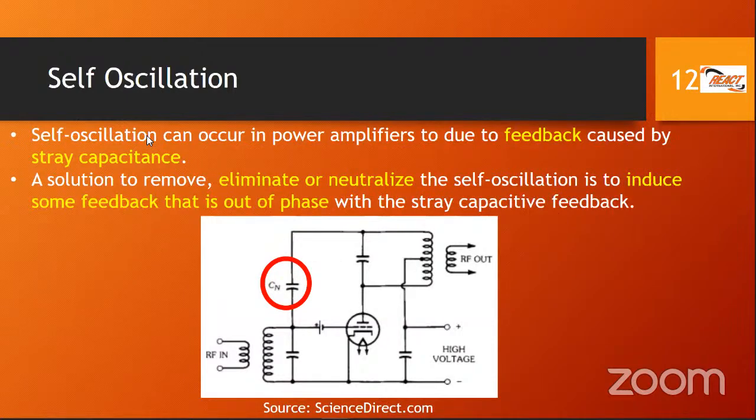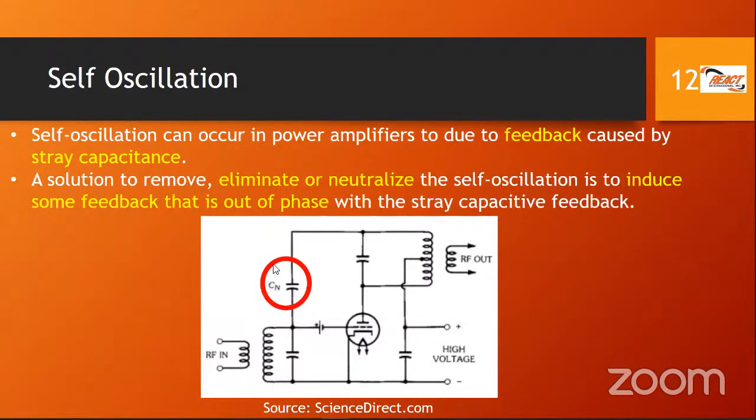But guess what? There's a solution to self-oscillation. And that solution is to eliminate or neutralize the self-oscillation. To do so, we introduce or add some feedback that is out of phase with that stray capacitance. If you look at our diagram, you will see that we have added some capacitance here out of phase with whatever stray capacitance may occur in the circuit.